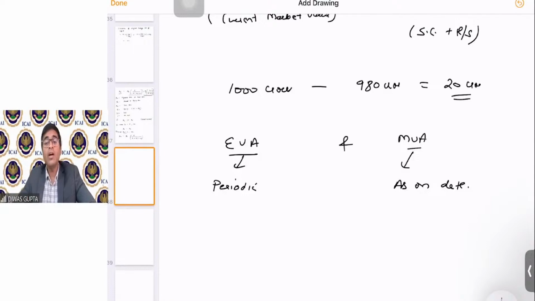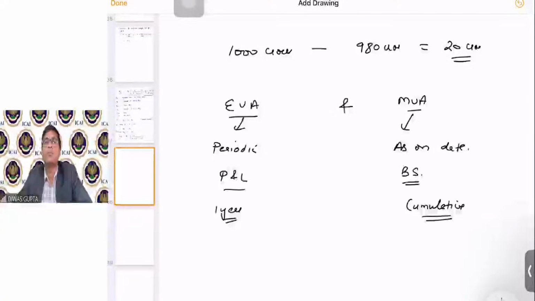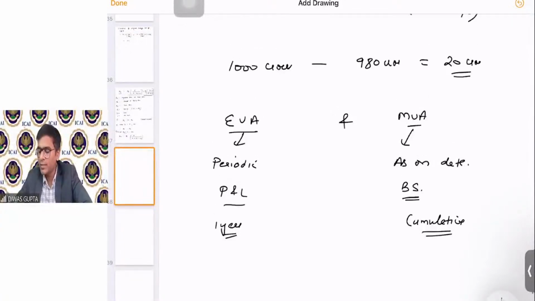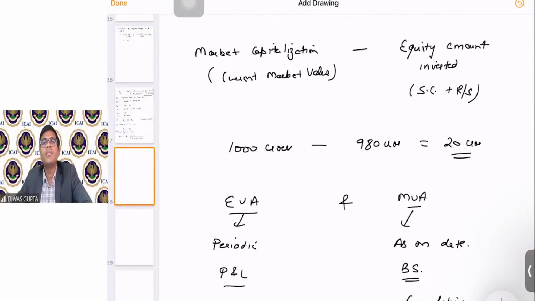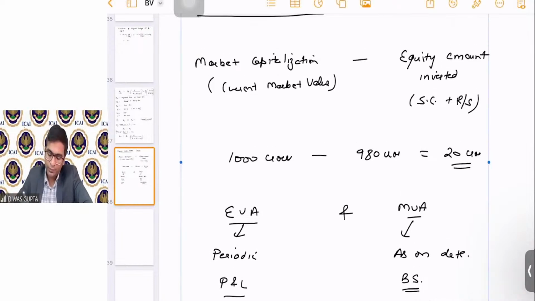In case of EVA, periodically how much you are able to earn and periodically what is your charge, right? So it is okay, students, clear? The difference between EVA and MVA is clear and their utility, the way it is calculated, is also clear, students, I hope.